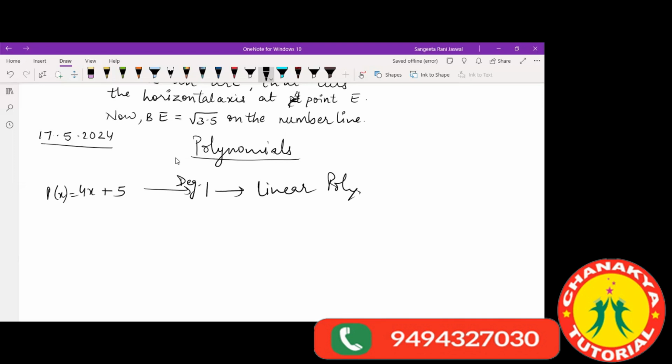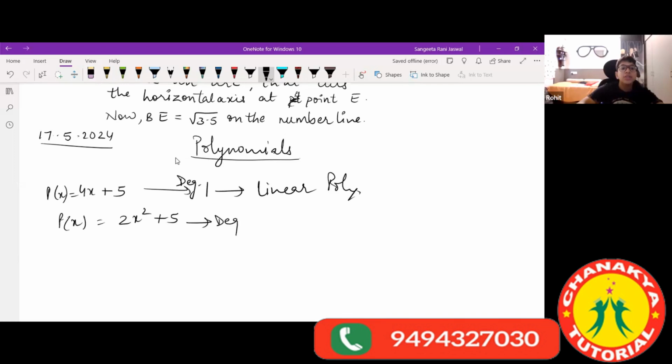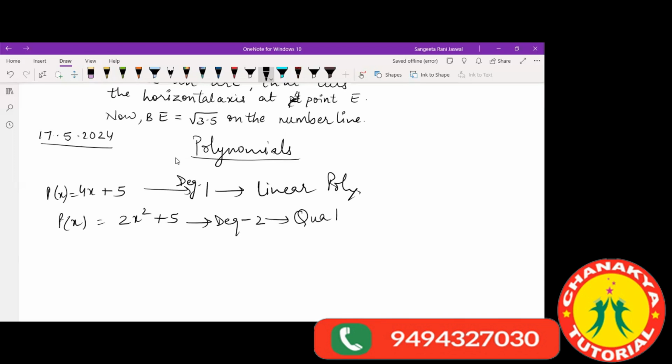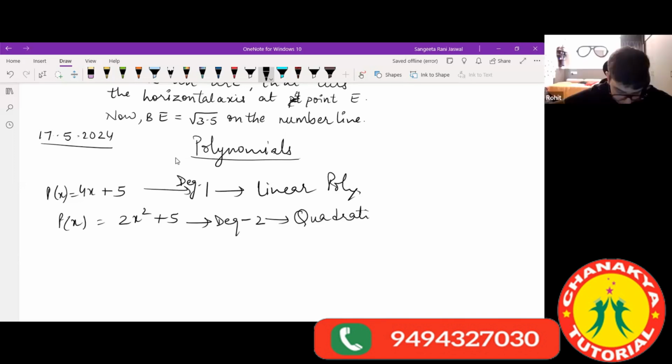Now suppose you have another polynomial, say p(x) equals 2x squared plus 5. Then what is the degree and what is the name of the polynomial? Ma'am, degree is 2 and the polynomial is quadratic. Degree is 2 and the polynomial is called quadratic polynomial.